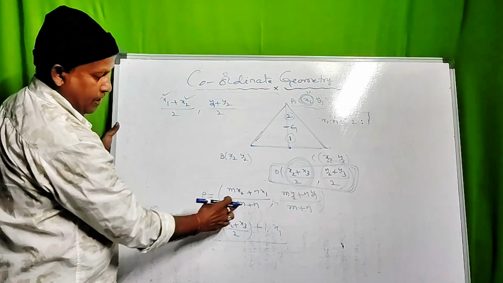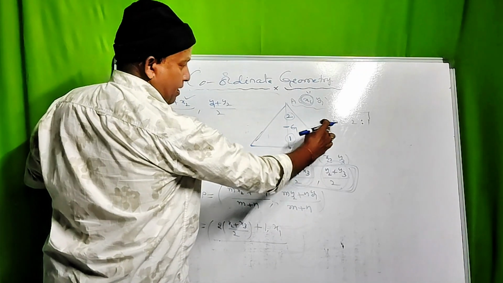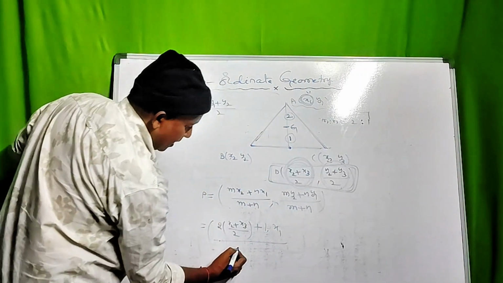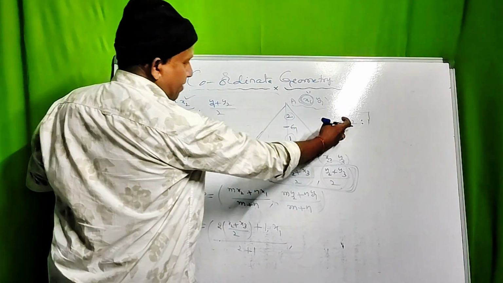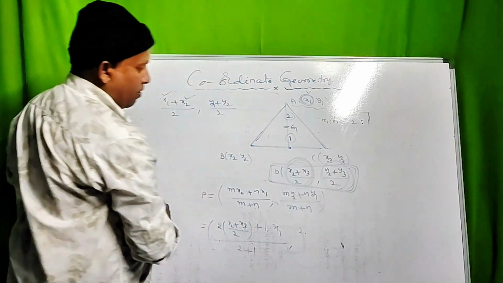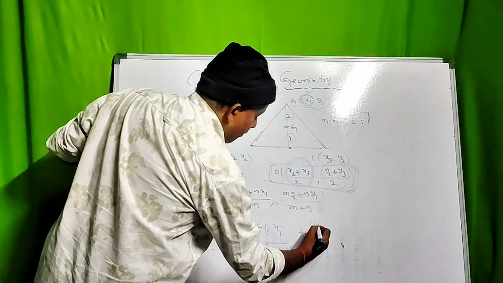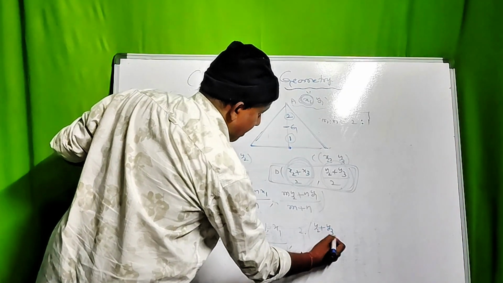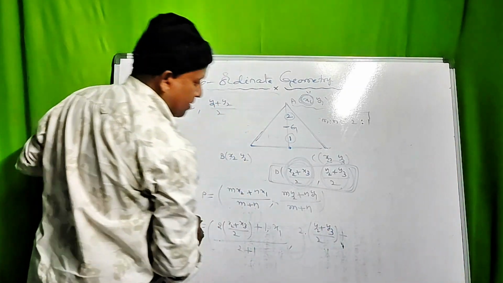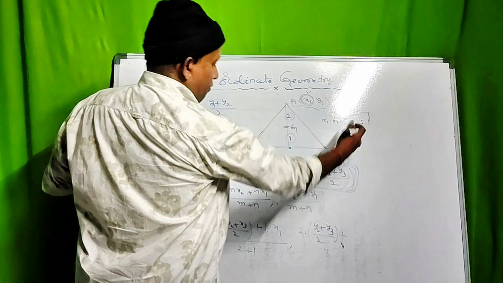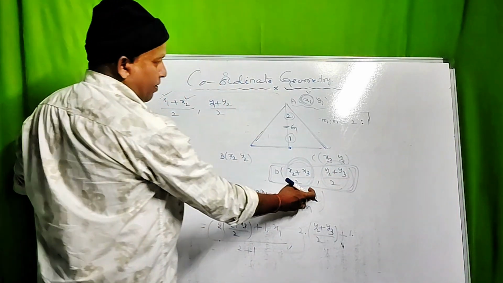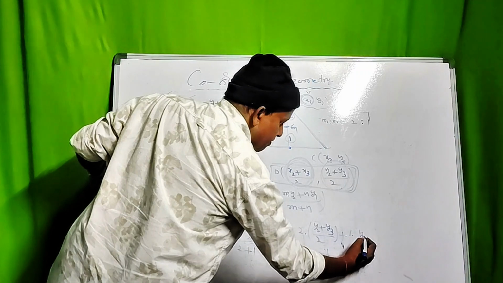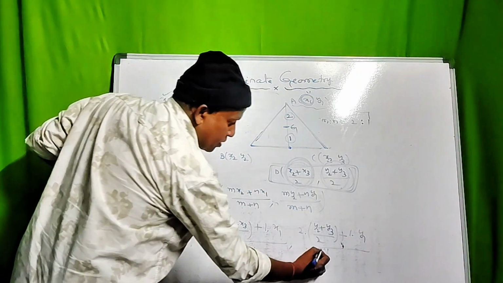By m plus n. m plus n means how much? 2 plus 1. m means the same 2, and (y2 plus y3) by 2, plus n means what? 1. Right? Into y1. By m plus n means what? 2 plus 1.